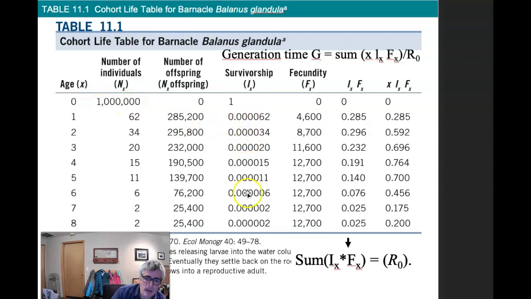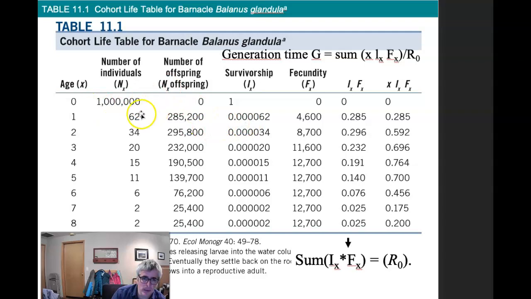This is our survivorship. This is the percent that survived from year 0. Not the likelihood you make it from year 3 to 4, but of the initial year 0 population of 1 million, how many survived? So year 1, 0.000062 survived of the initial 1 million, which makes sense.